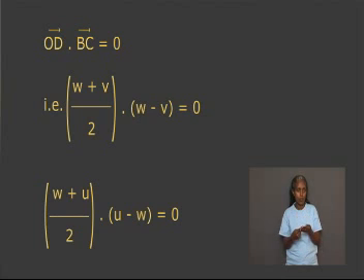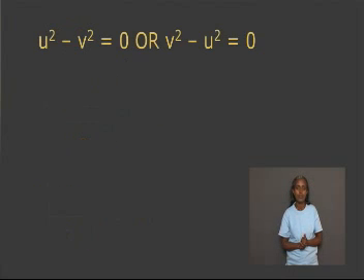Therefore, we can form this conclusion. Thus, we can extrapolate that the difference between the squares of U and V is 0.